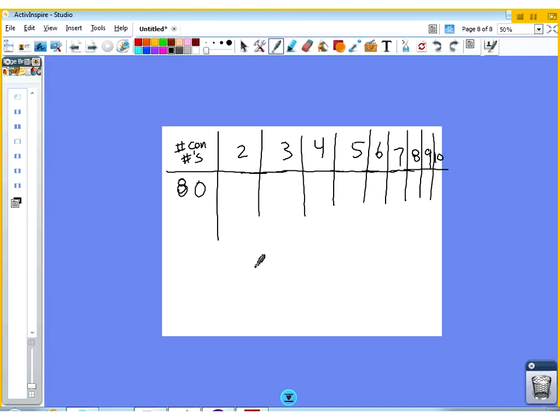So A should be what? Plus 8. 36 plus 8. 80 minus 46. 9 should be 45 plus 9.